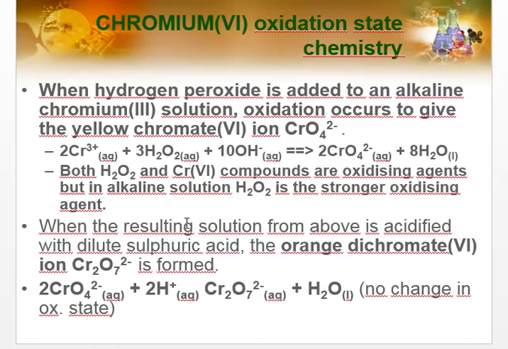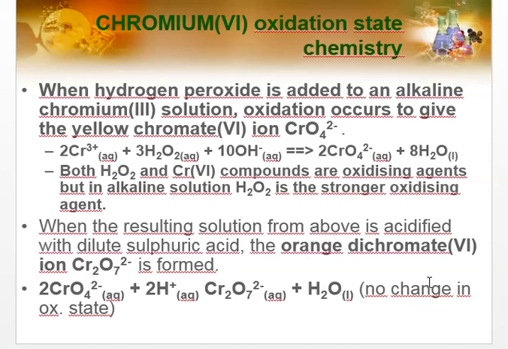When the resulting solution from above is acidified with dilute sulfuric acid, the orange dichromate 6 ion, where chromium also has the oxidation degree plus 6, is formed.